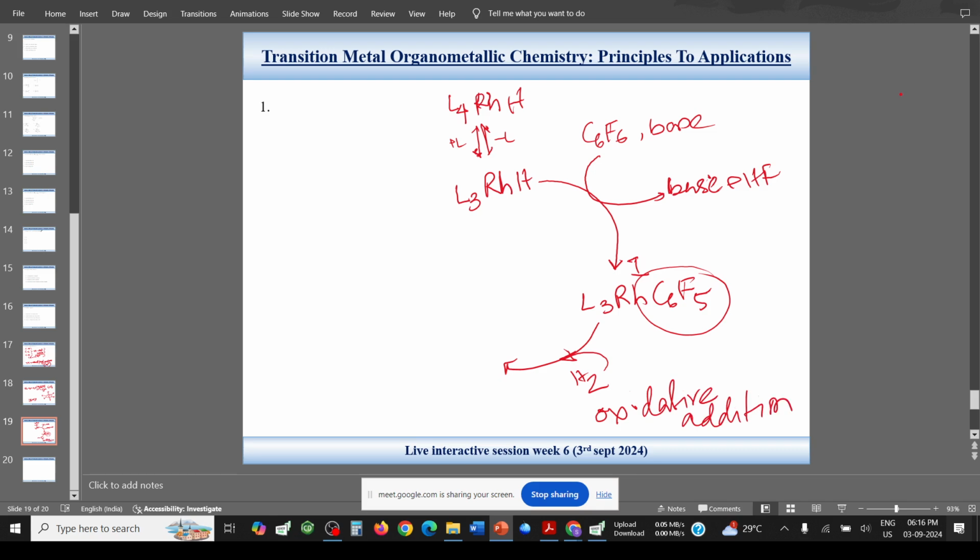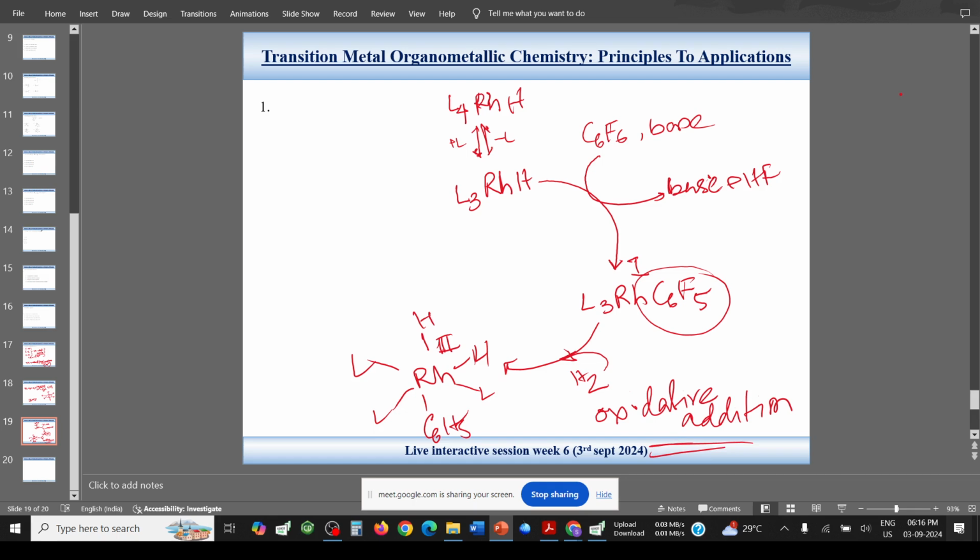So this will give our octahedral rhodium complex with hydrogen, H H, L, C6F5, L, and then it has the oxidation state of plus 3. So this step is called the oxidative addition step.